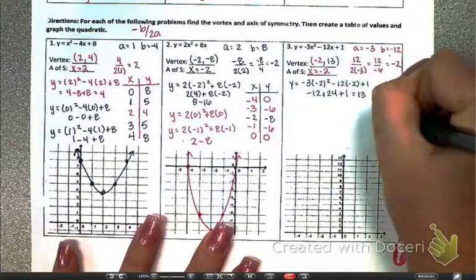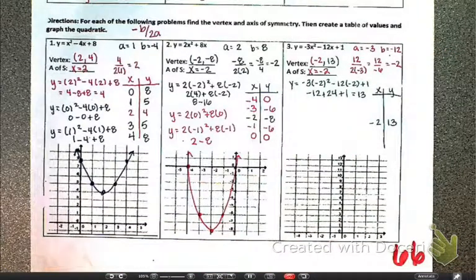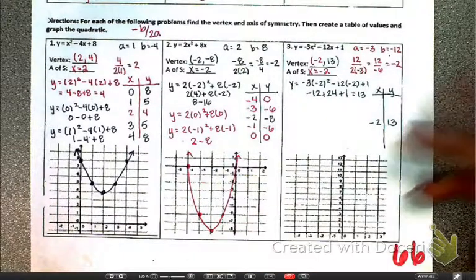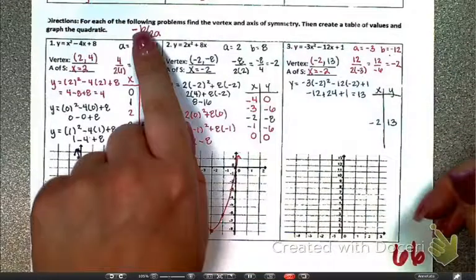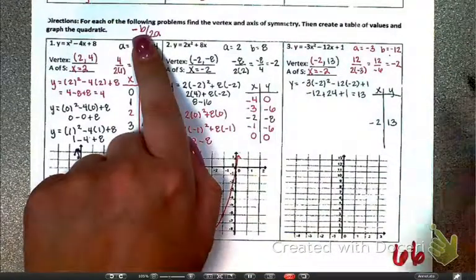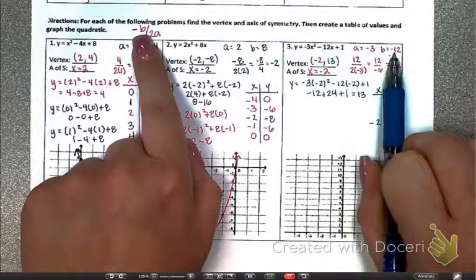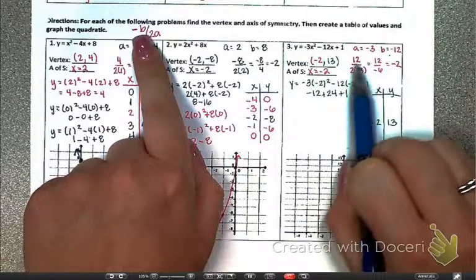Did anyone not get that and they're not sure why? Okay. What part? Is what supposed to be a negative? It is. Because your equation already has a negative in it, and b is negative, so that part becomes a positive 12.